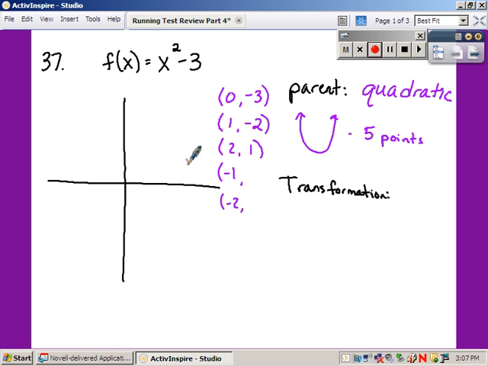Here's the part where people mess up because they use a calculator a lot. Normally I would advise you against doing that so you don't make a really silly mistake. Negative 1 squared is positive 1. Positive 1 minus 3 is negative 2. And here again, negative 2 squared is positive 4. 4 minus 3 is 1.